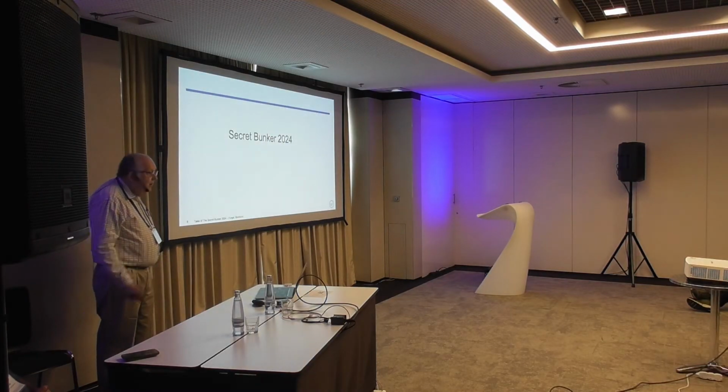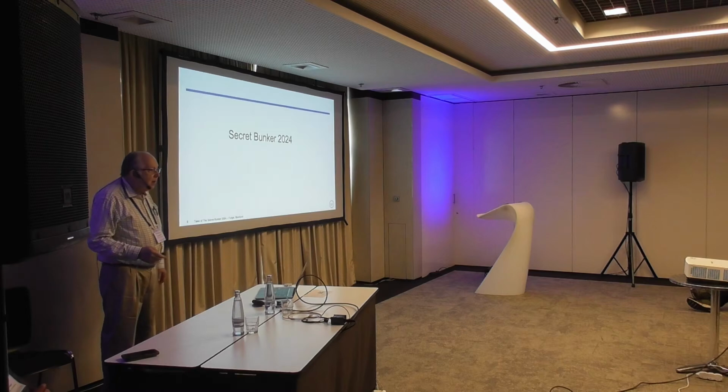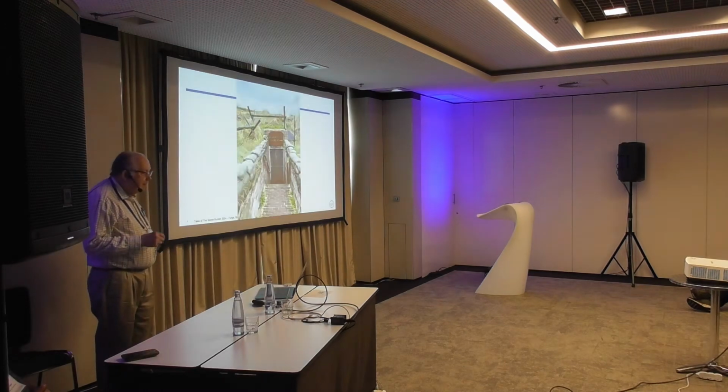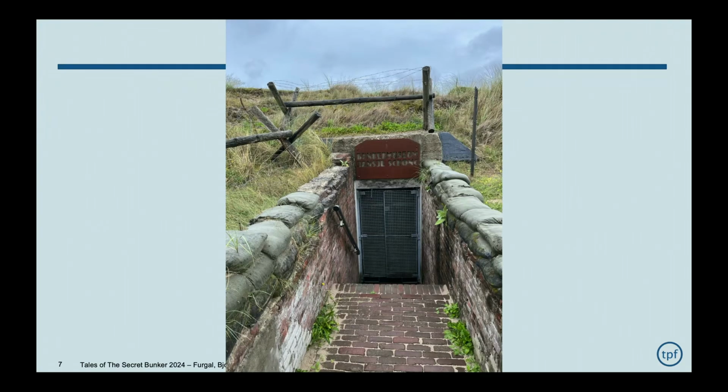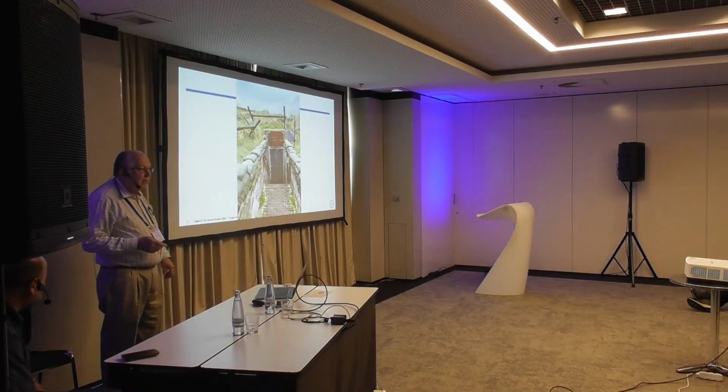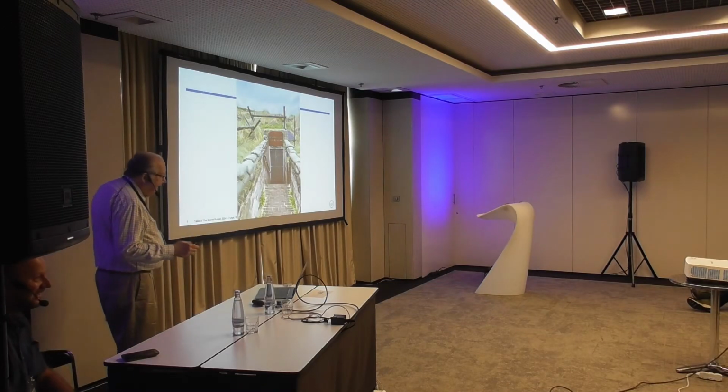So this year, the secret bunker is in a different location. This is the same bunker we used last year. We have to use the same bunker because we're talking about the same utility. Yeah.